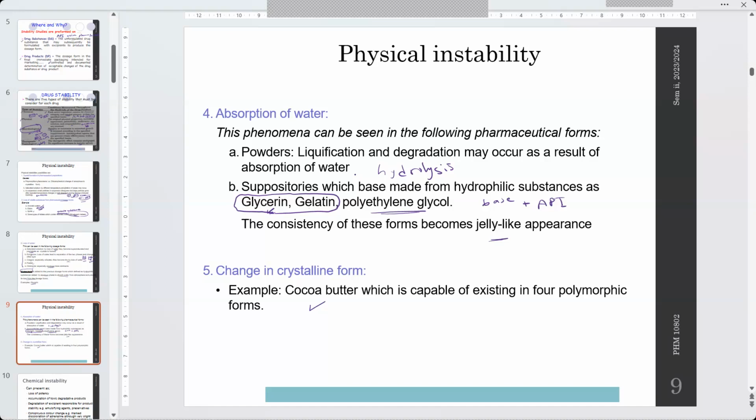It's available in different crystalline forms. And the problem in these different crystalline forms is the difference in melting point. So we need the form that is solid at room temperature or has a high melting point. There is another form with a low melting point. So if you change to this form, then the suppository easily melts.